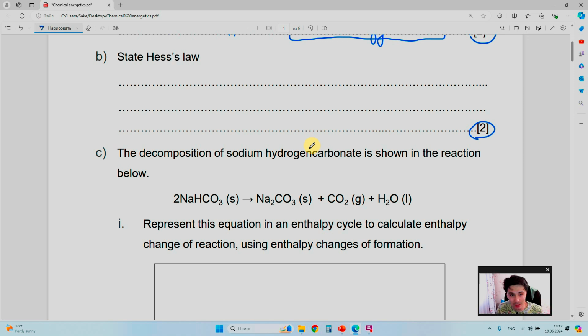So according to the curriculums, Hess law, you need to just remember that law, and sometimes you're going to use it a bit later. It says that enthalpy change of any reaction is independent from the path of the reaction.